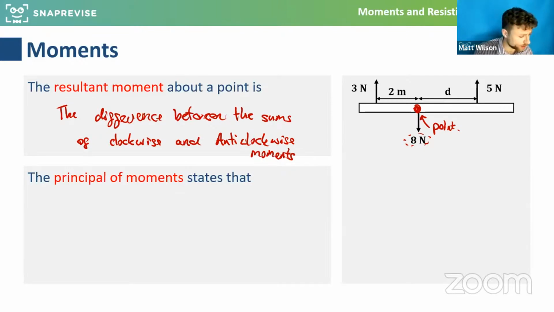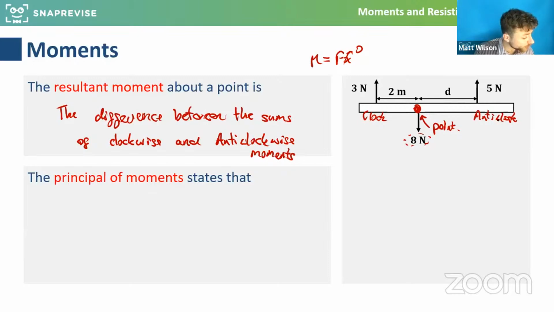That x in the formula for moments, remember, moment is force times distance. Here for that 8 Newton force, that distance is 0. So there are 2 moments to look at. There's the moment due to the 3 Newton force, which is pushing things clockwise. And then there's the 5 Newton force, which is pushing things anti-clockwise.